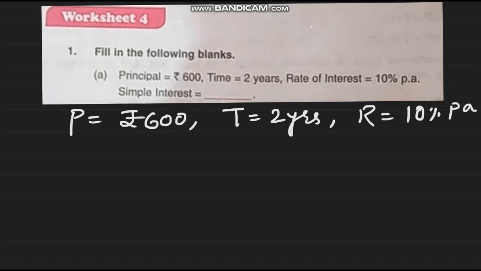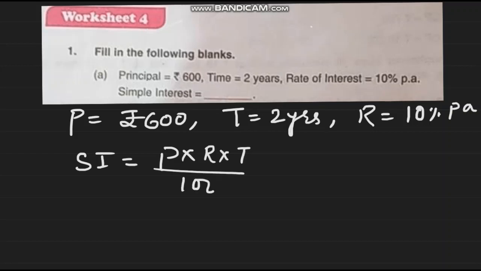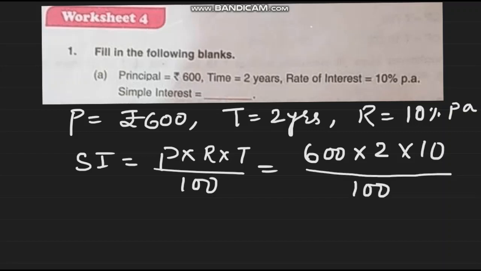Now what you have to find? You have to find simple interest. So the formula for simple interest is SI is equal to P into R into T by 100. Now let us see what is P. P is 600, time is 2 years, into rate is 10% divided by 100.